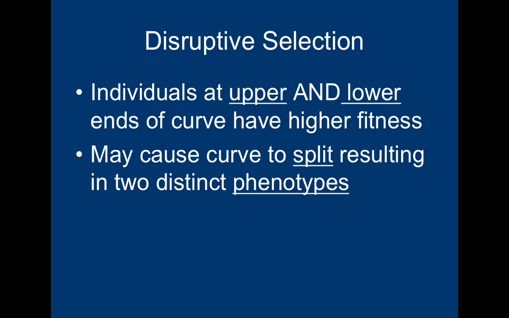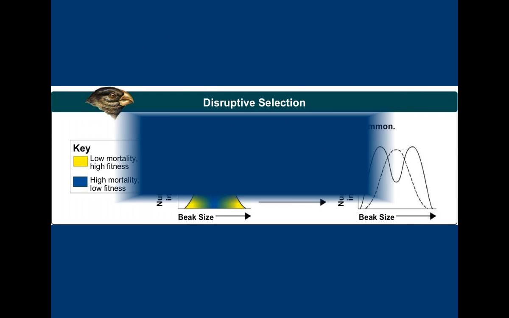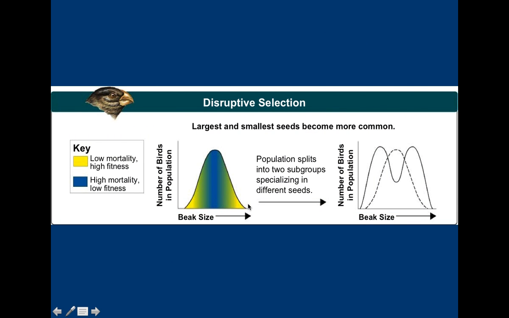So the curve can actually split at this point, creating two distinct phenotypes, and with this change combined with some others, we can actually get a new species. All right, so we see this here, where the large seeds and small seeds become more common, so the medium-sized seeds aren't as common, so we actually get this kind of dip. Okay, the dotted line is the old curve, the solid line is the new curve, so we get less fitness in those medium-sized beaks, and the small and large have more.